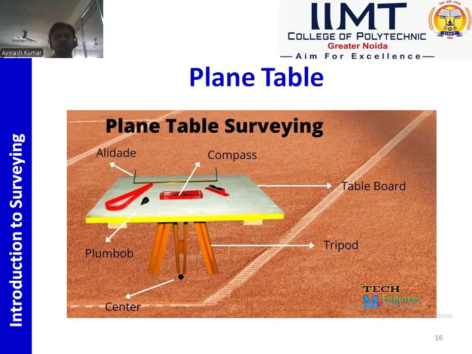At the same time, we do the leveling survey, in which the reduced level, meaning the height of different points, is measured to check whether the land surface is flat or undulated. If the land surface is undulated, then we do the cutting and filling process. In the same way, angle survey, meaning compass surveying, is done to check whether two sides are at 90 degrees or not.